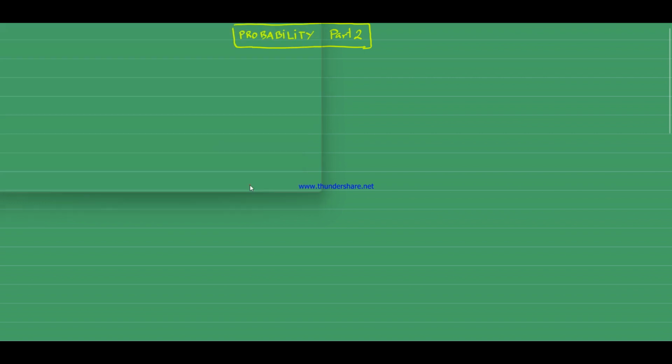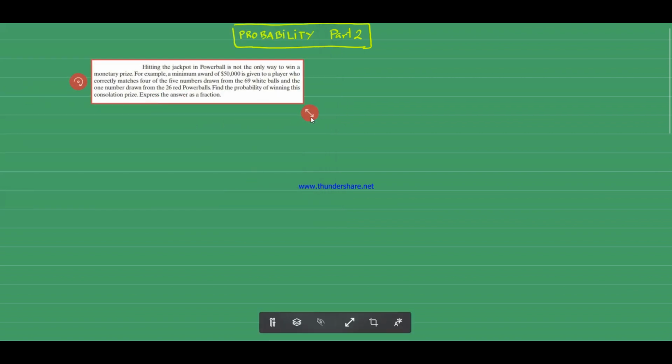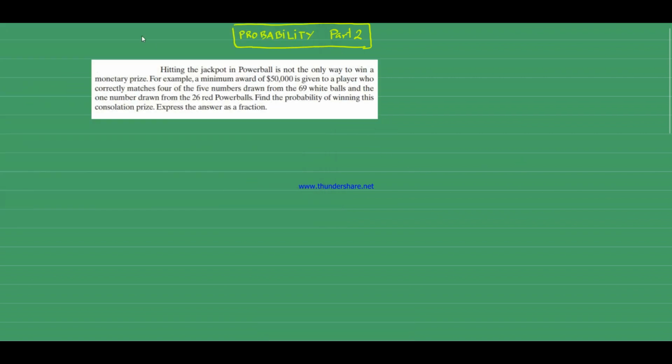Okay, so I have a problem like this. Example number 1. Hitting the jackpot in Powerball is not the only way to win a monetary prize.